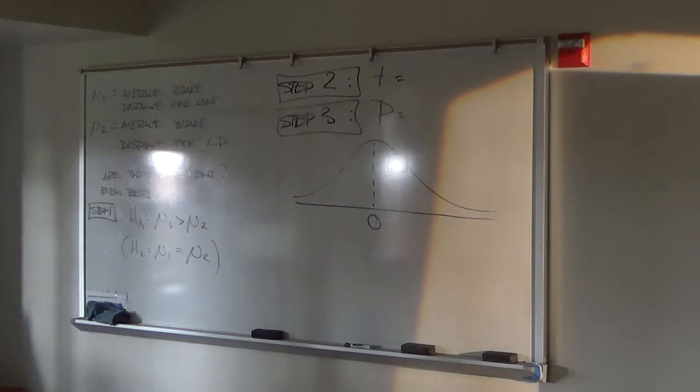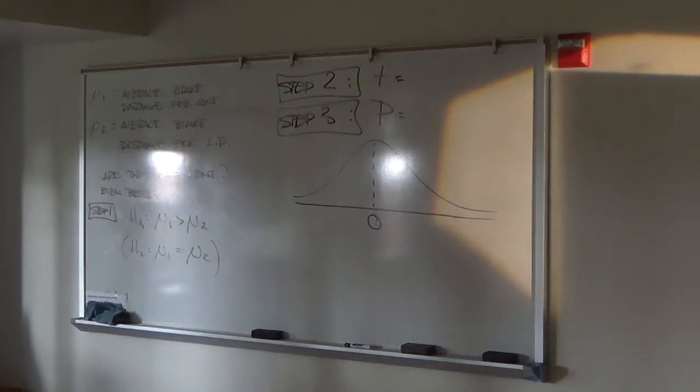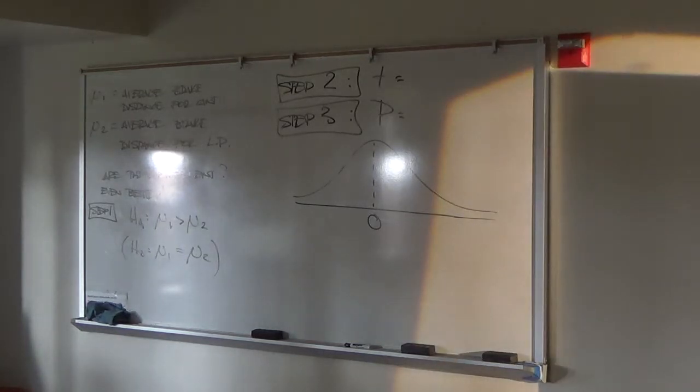Mu1, mu2. This is why we painstakingly define the variables, so you know which sign to pick. Depending on how you define the variables, you could use either less than or greater than. But we define mu1 to be the average brake distance for the first set of brakes, which we want to be bigger than mu2 if my hypothesis is correct.